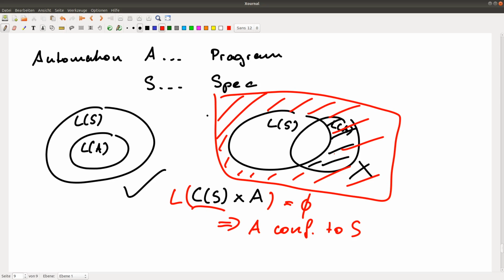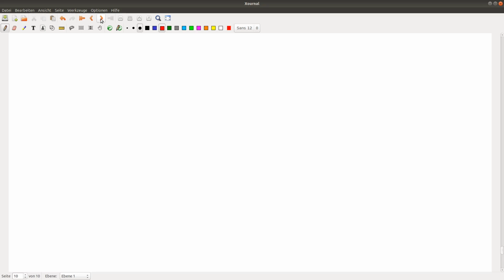Let's have a look at a small final example. And I'll start with a new page. Say that S is the automaton which accepts words with one A or with two A's.